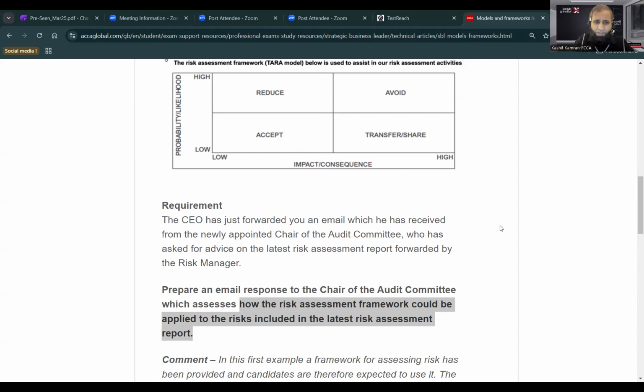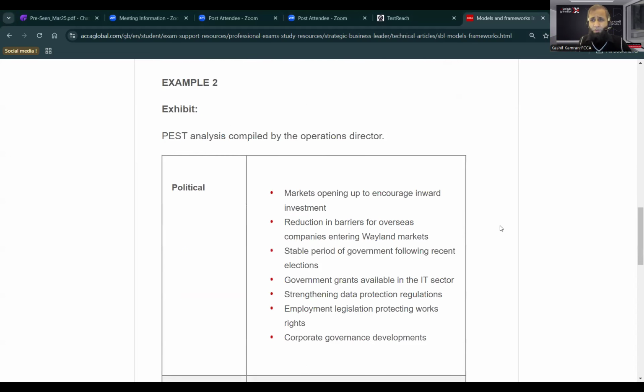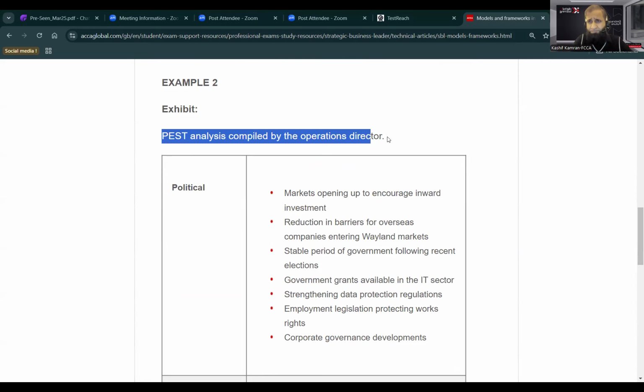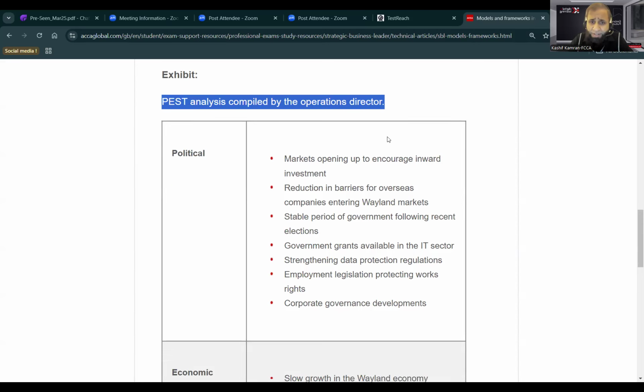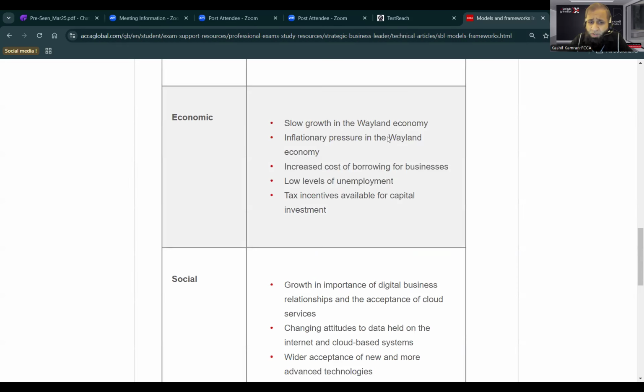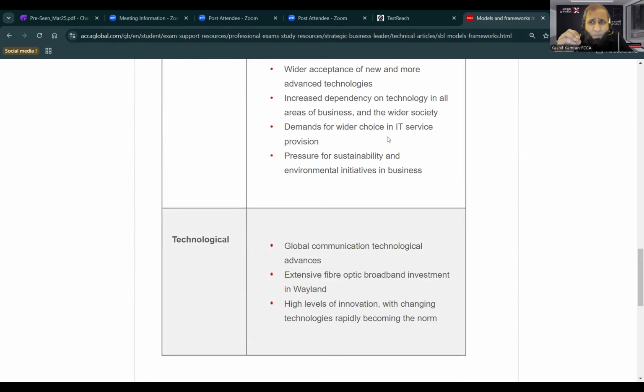Go down to example two. Now, look at example two. In example two, you have been given an exhibit, and in the exhibit you have been given the PEST analysis compiled by the operations director: political, economic, social, and technological. Even when you look at the exhibit, you will think, oh, the answer has to be done in the PEST model.